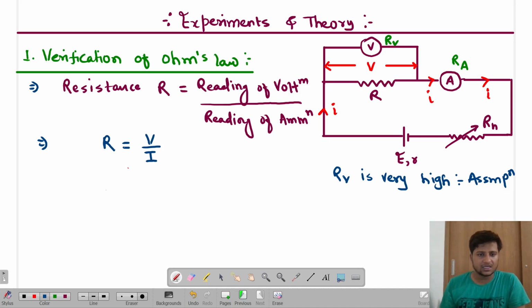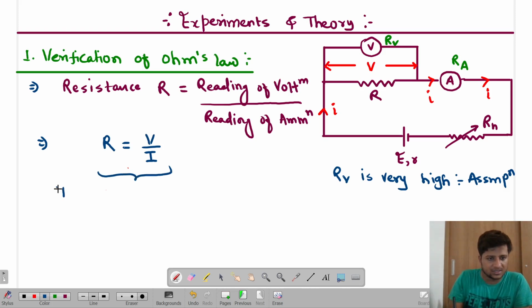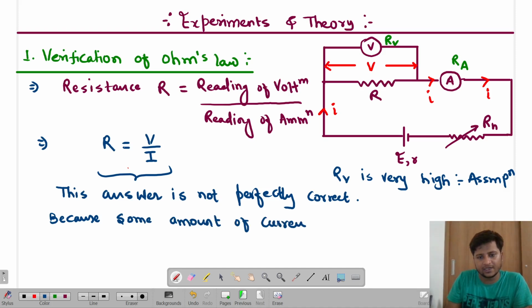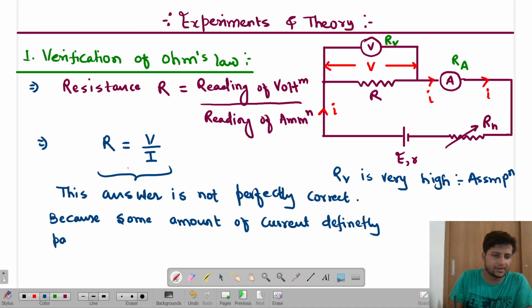Now, the question arises: is this the correct result? No, this answer is not perfectly correct, because some amount of current definitely passes through the voltmeter.